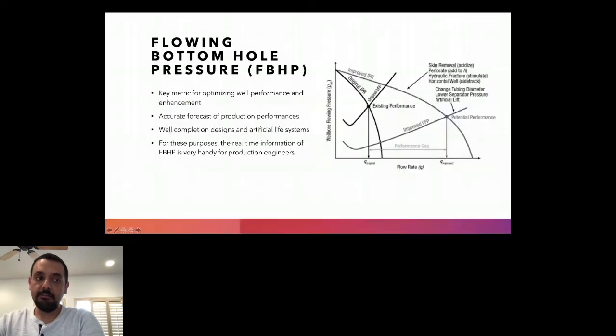Or let's say another type of artificial lift system needs to be installed in order to increase the flow rate, for example, ESP or gas lift. All those simulations have to be done before, in the completion design as well. So this graph and these properties allow the production engineer the ability to do that.